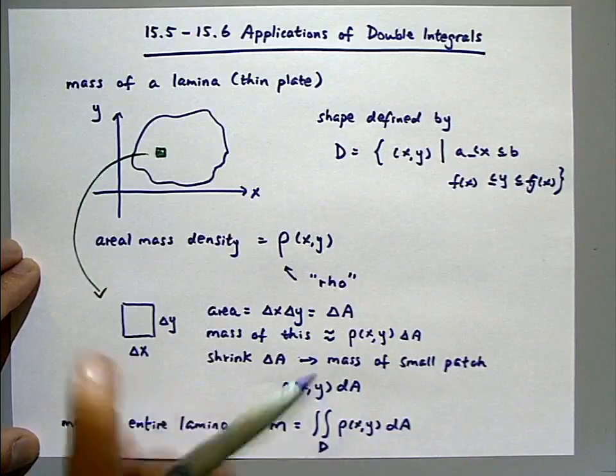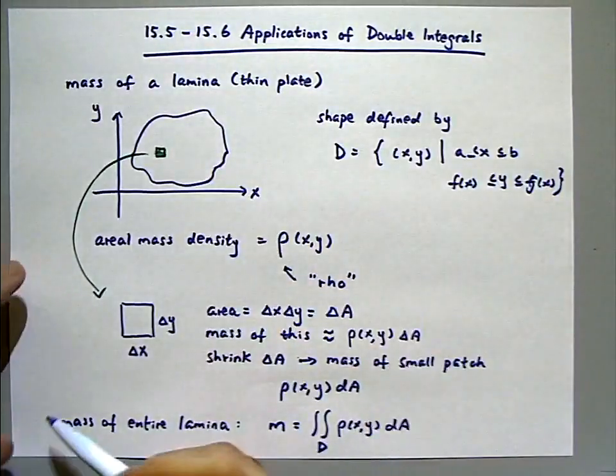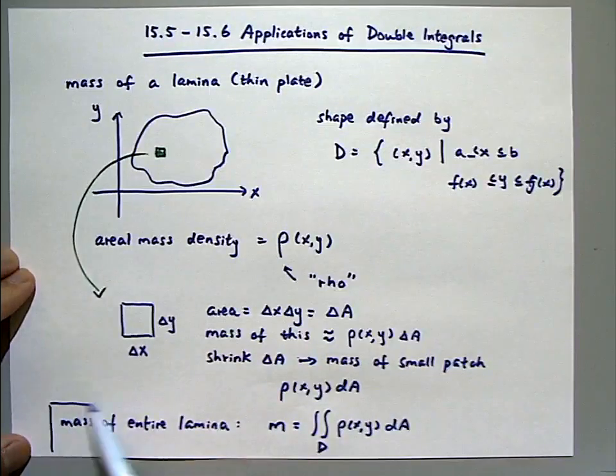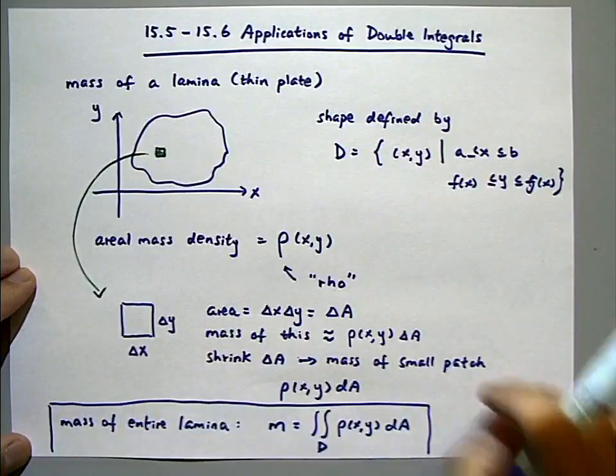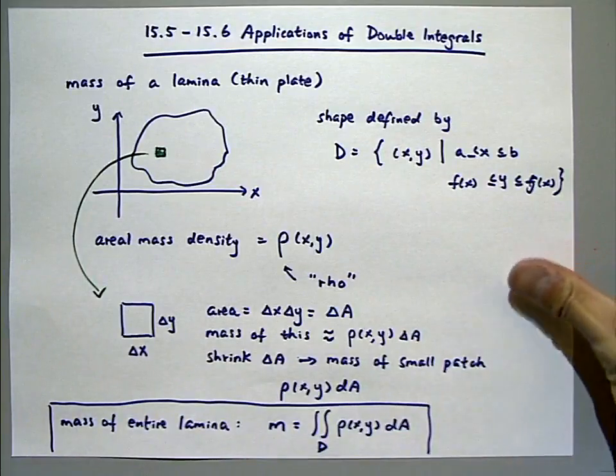The double integral accumulates all of these infinitely many little patches. And once you accumulate all of them, that'll give you the mass of the entire plate. Okay, so that's not a difficult concept.